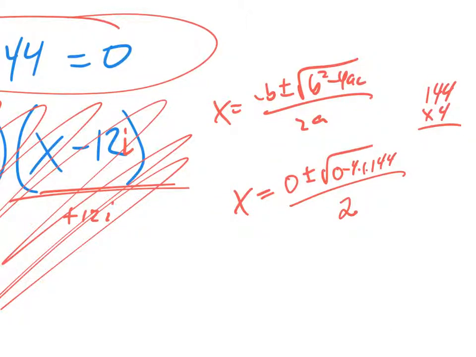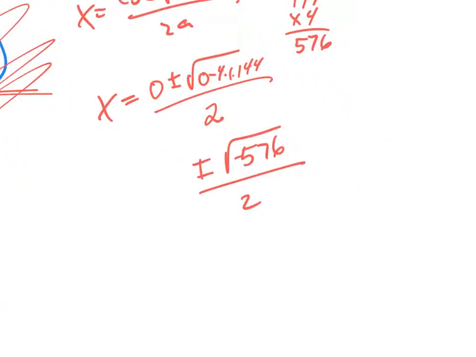Anybody got it? So it's plus and minus the square root of negative 576 all over 2. Then I'm going to clean up that negative part and say plus and minus i root 576 all over 2.